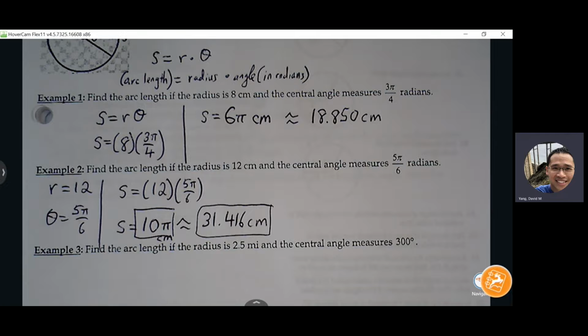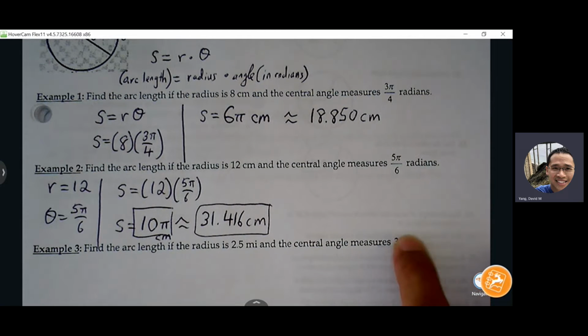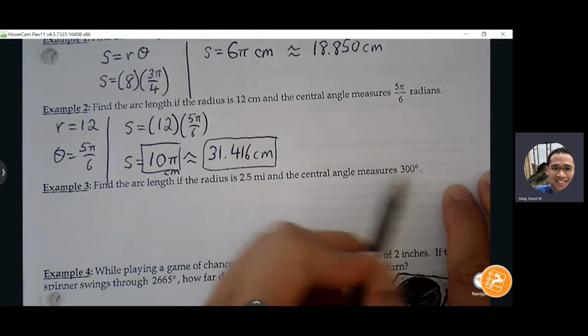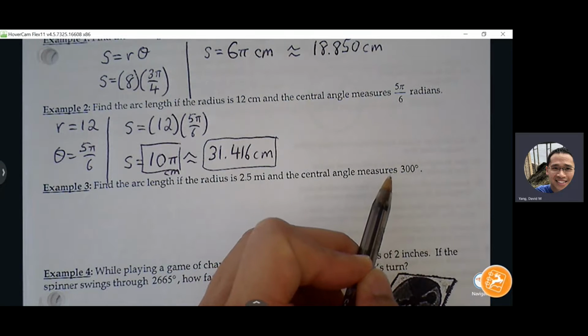Okay, number 3. Find the arc length if the radius is 2.5 miles and the central angle is 300 degrees. Same formula, but what's the red flag? This is theta, but it's theta that needs to be adjusted. You can't use this formula if theta is in terms of degrees. It's got to be converted first.